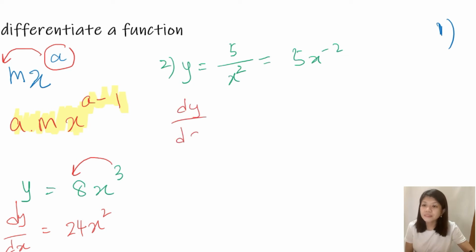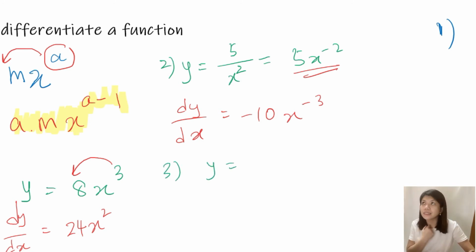Now you can see something very similar to the example that was given previously. Bring the power -2 to the front, multiply with 5 will give you -10, and then -2 will decrease by 1. Don't forget, because it's a negative number, therefore it actually becomes -3 instead. What if I have a function that is in the form of a square root, say square root of x?